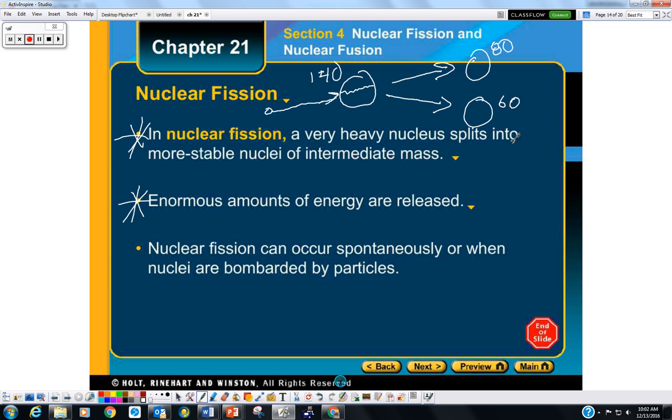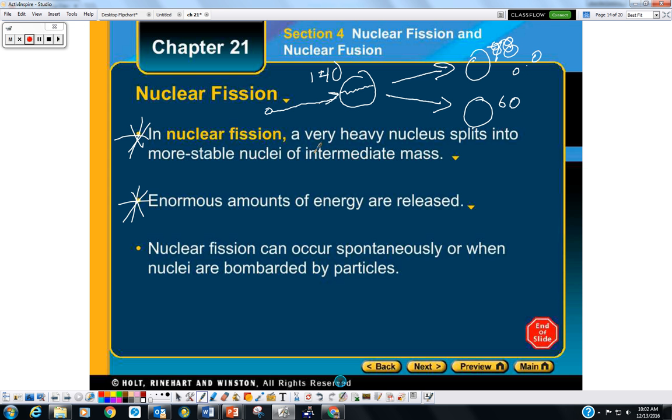I just showed it like that. Now, when it does that, other things are released. Sometimes, let's say this was 78 and 80, and 78 and 60, and then that also means that maybe two other neutrons were emitted too that can go and split other things.